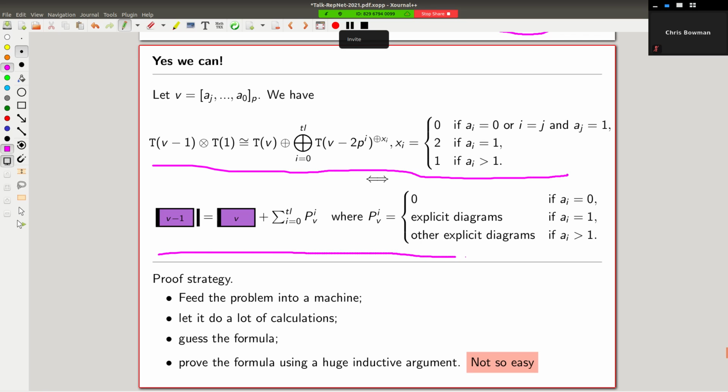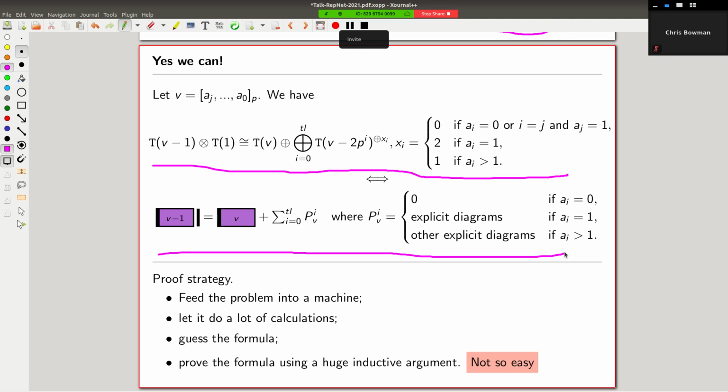It looks exactly the same. You write down explicit idempotents. And I'm going to explain in a second, that's the last thing I'm going to tell you, that also those idempotents are defined using a fractal pattern, of course. So what is the difference to the one before? Well, you still feed the problem into a machine. There's a computer program which can calculate with those idempotents.